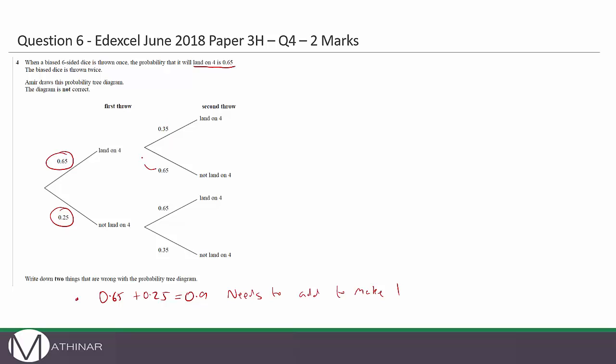So these 2 numbers have been switched. On the second throw, the probabilities are written the wrong way around. And that will get you the 2 marks for that question.